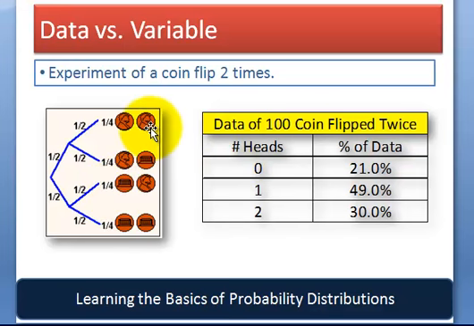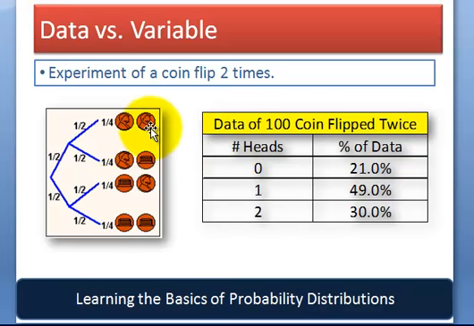Now, data, we might go out and we might flip the coin 100 times. Most likely in our data, we're not going to get exactly 25%, 50%, and 25%. So I went to a random numbers generator, and randomly, 21% of the time we got 0 heads, 49% of the time we got 1 head, and 30% of the time we got 2 heads. That's our data.